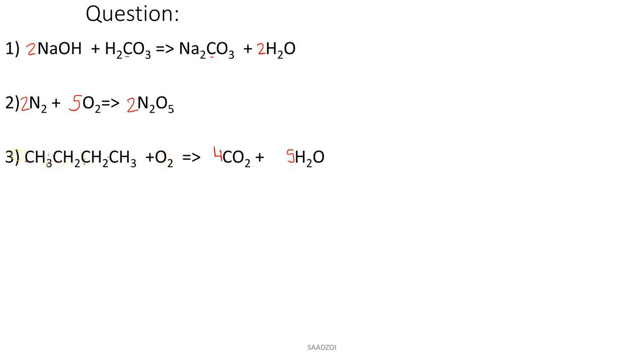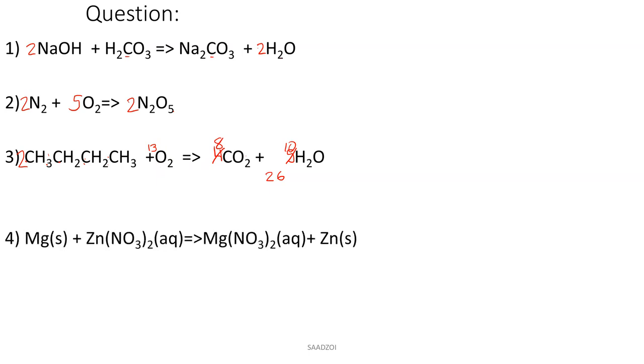So instead of having one of these, I'm going to make 2. Instead of 4, I'm going to make 8. Instead of 5, I'm going to make 10. By doing it this way, I don't have to go back and fix these elements because they're still balanced. So now I can worry about the O's by themselves. 16 plus 10 is 26. So then here, let's put a 13 in front of this to give you 26 as well, and that gets balanced.